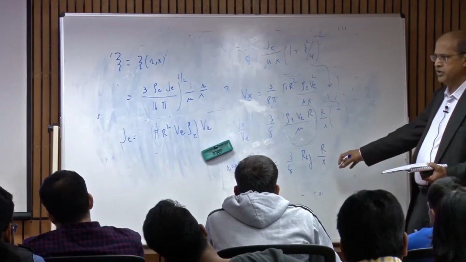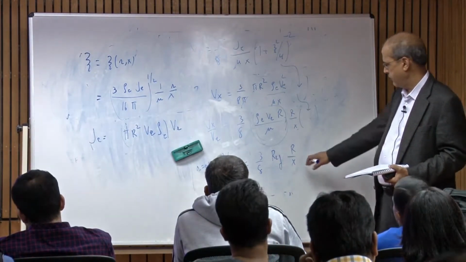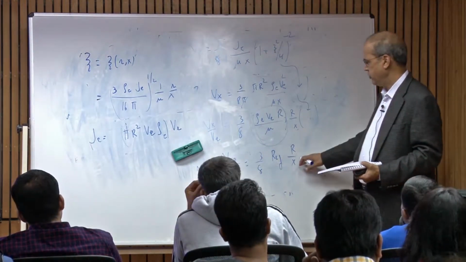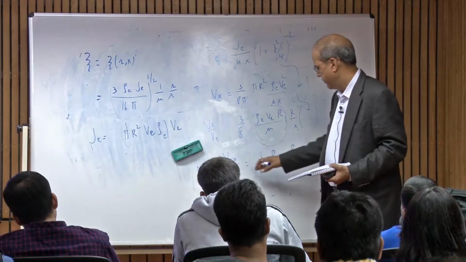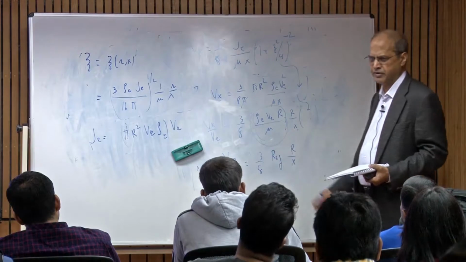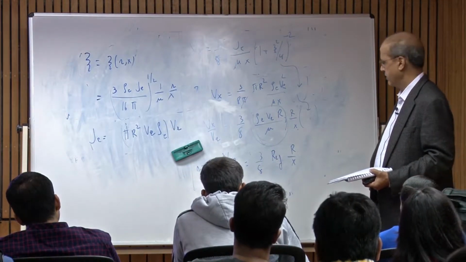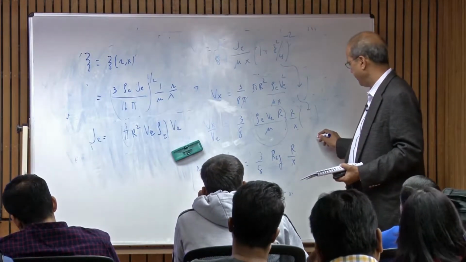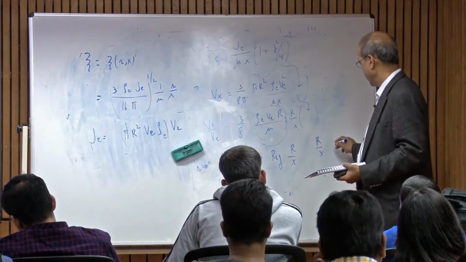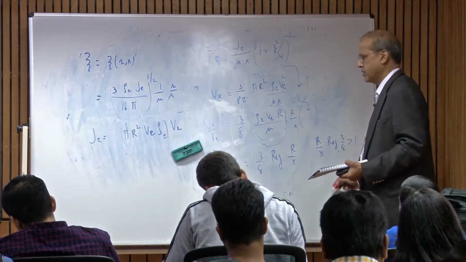Now obviously this solution is not valid near x equal to 0. If x is very small, this is not valid, because for very small x, this will become greater than Ve, which is not possible. So this solution is valid when 3 over 8 times the Reynolds number times r over x is less than 1.